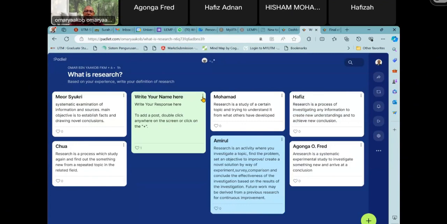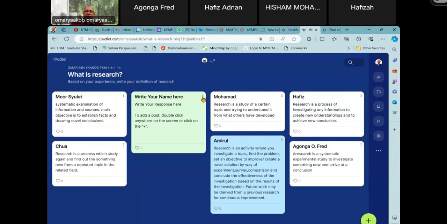Later we will see the big picture, but here you see one by one. Research is a systematic examination of information and sources. We are looking at keywords. The main objective is to establish facts, come up with new conclusions. So these are the keywords in each of the definitions. You see this one is new.